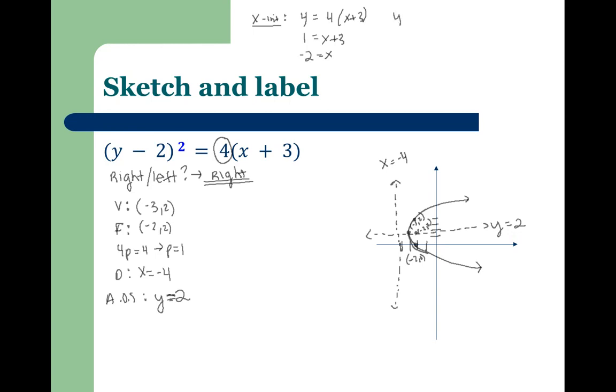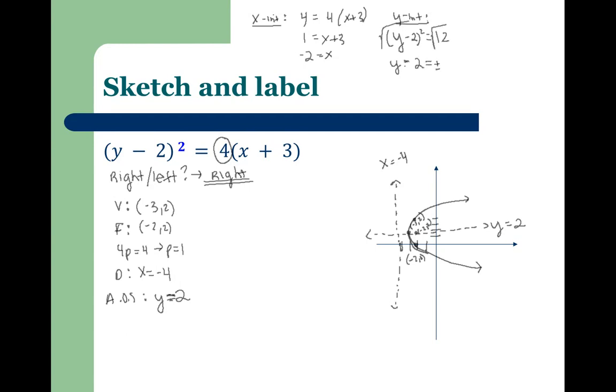For the y-intercepts, I'm going to plug in 0 for x. So I'm going to have y minus 2 squared, and I can see that there's going to be 2 of them, equals 12, right? Because when I plug in that 0, I get 0 plus 3 is 3, times 4 is 12. When I take the square root, y minus 2, well, what's the square root of 12?